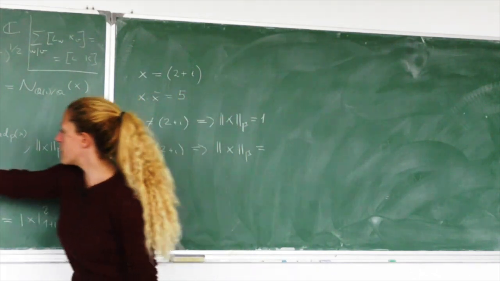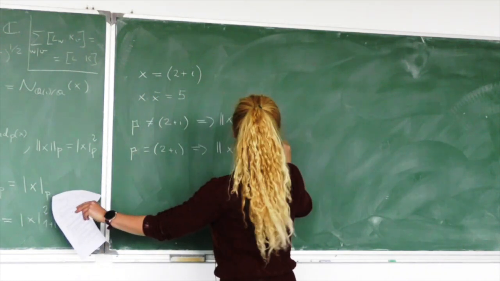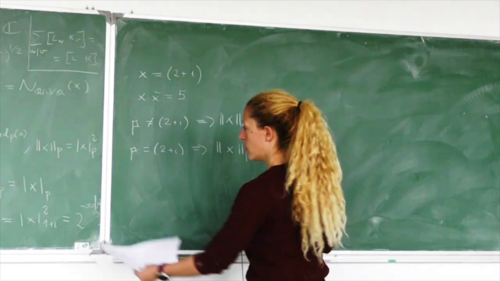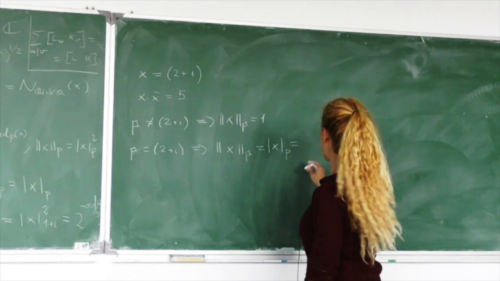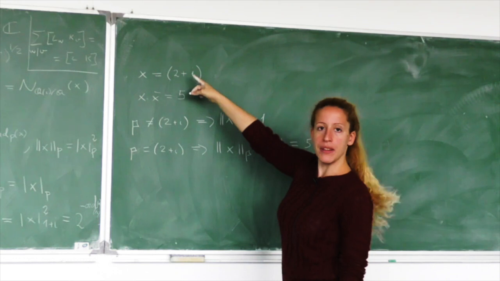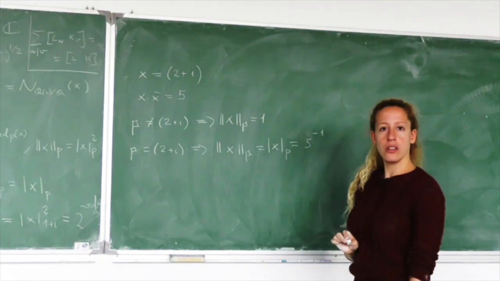So we are in this situation. So basically we get that this is just equal to this, right? And the prime is 5, so it is 5 to the minus the order, and the order is 1, so 5 to the minus 1, right?